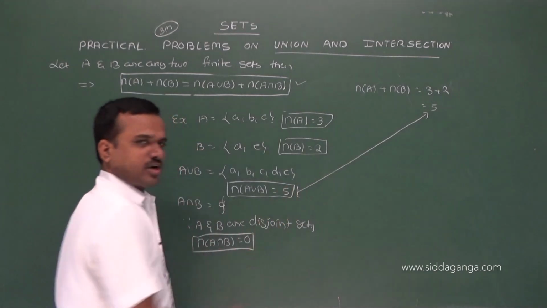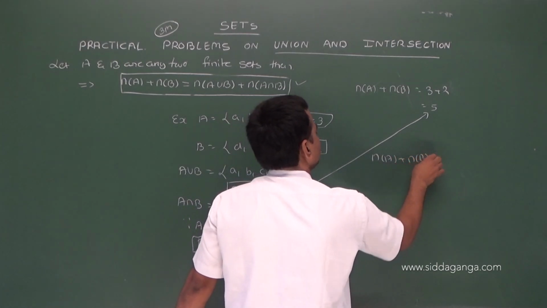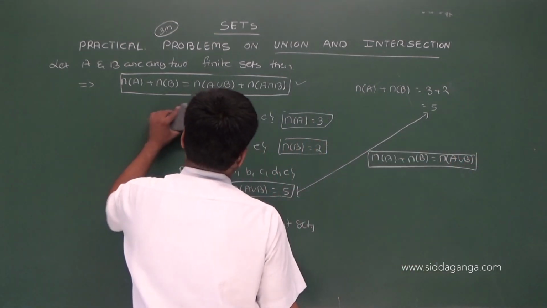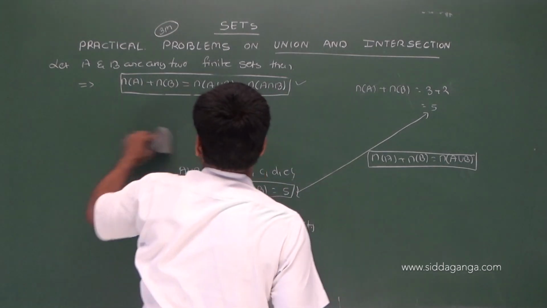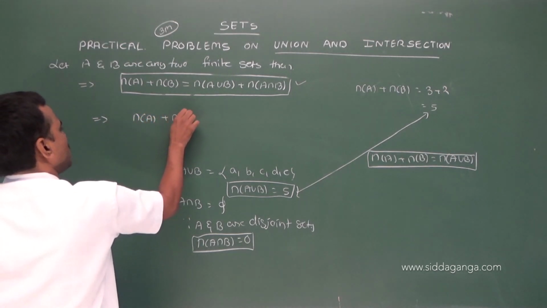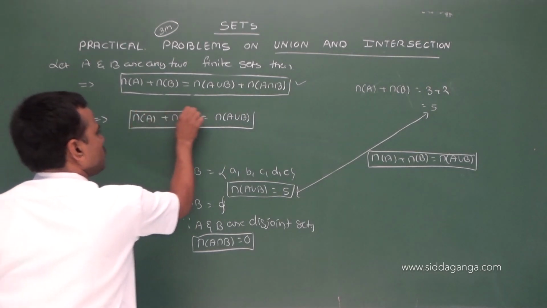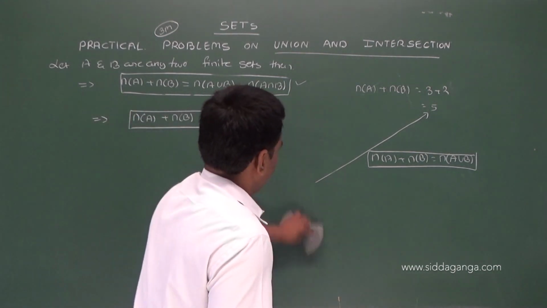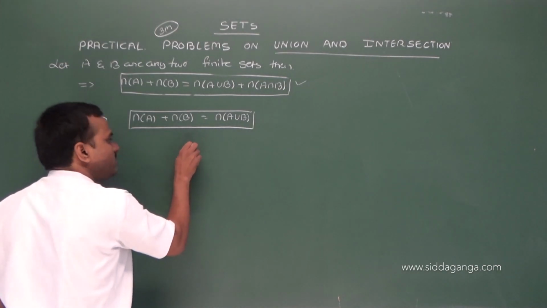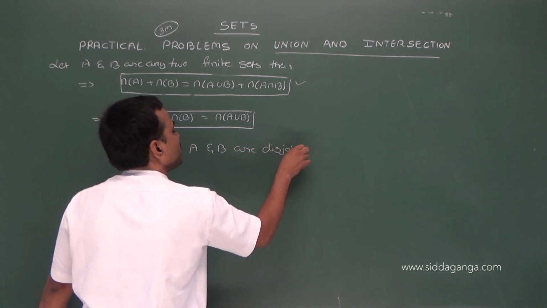Comparing these two results, n of A plus n of B is equal to n of A union B. One more formula: n of A plus n of B is equal to n of A union B. This holds true only when A and B are disjoint sets. This is very important.